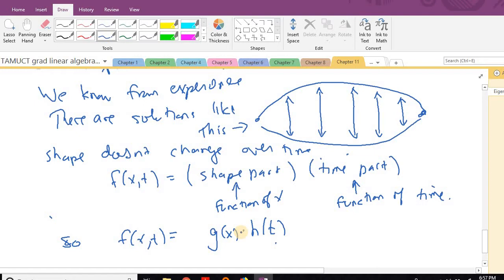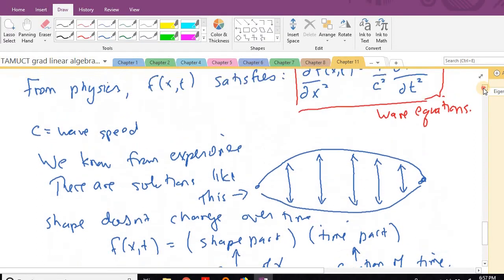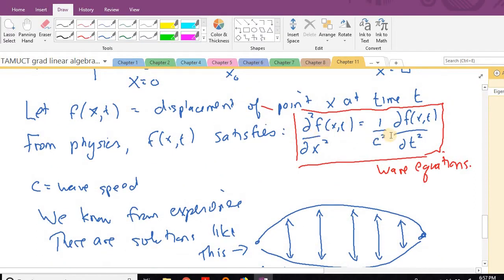All right, so now what I'm going to do is put this back into my original equation and see if I can figure out what's going on. Remember, my original equation was up here. Okay, so I'll put this back into my wave equation.